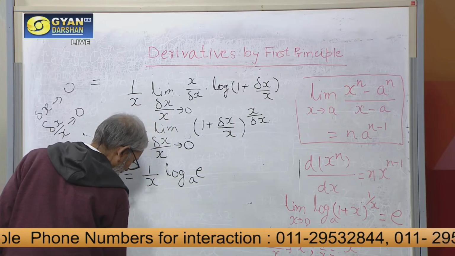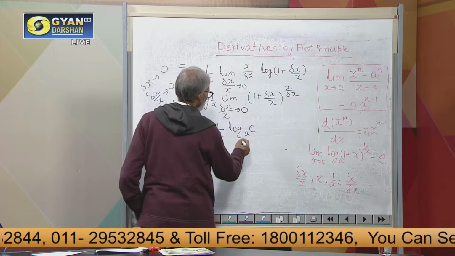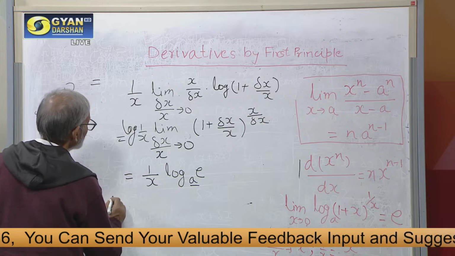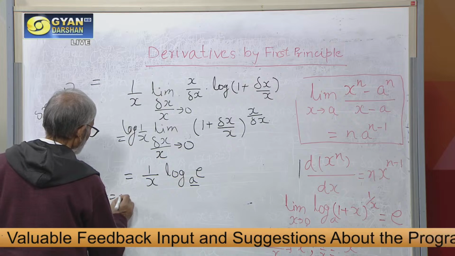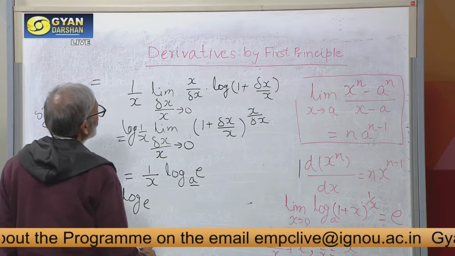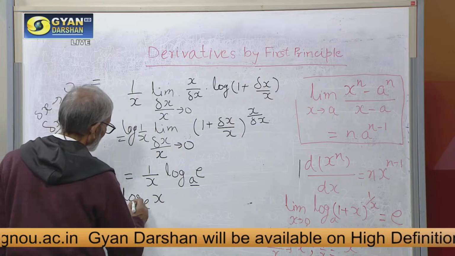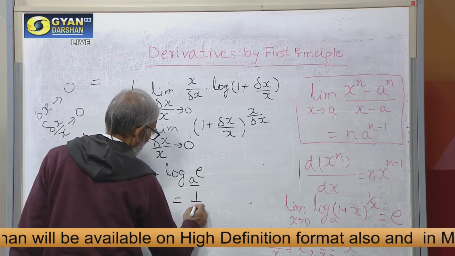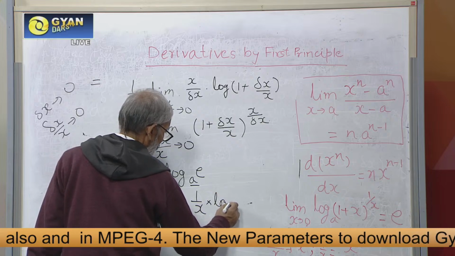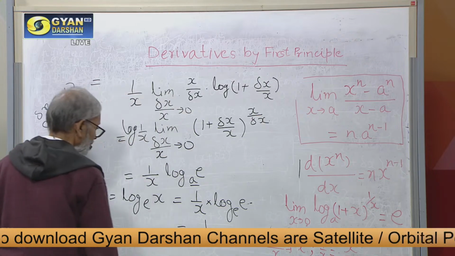If the base is e in place of a, then if y is equal to log e x, this will become 1 by x and log e which is equal to 1, so dy by dx is 1 by x.